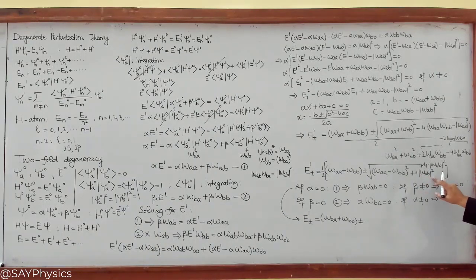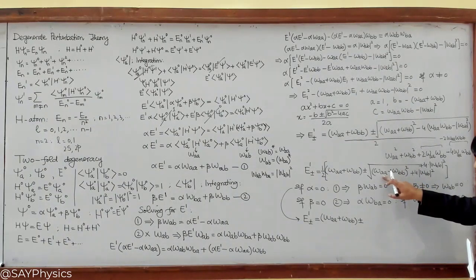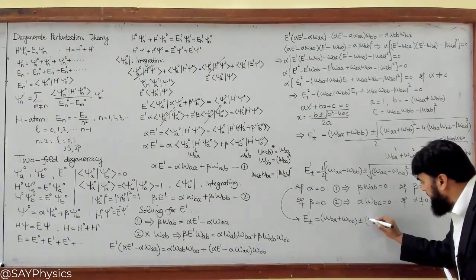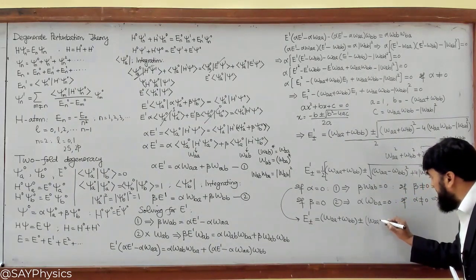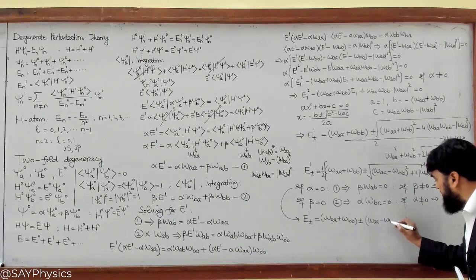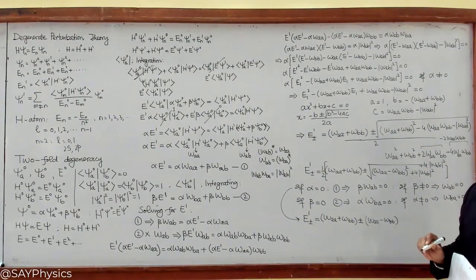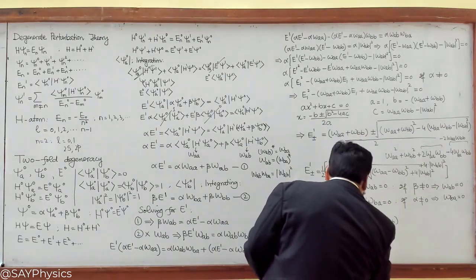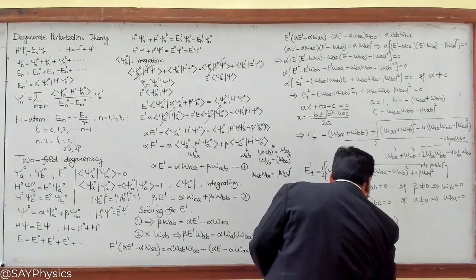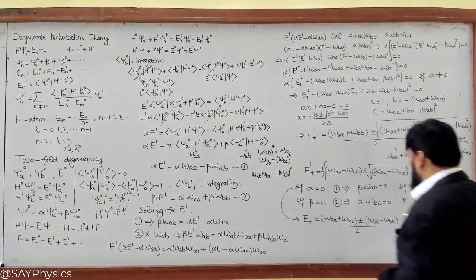Then this one is gone. The square root will cancel with this. And here WAA minus WBB will remain, WAA minus WBB here, and whole divided by 2. So what about this one?